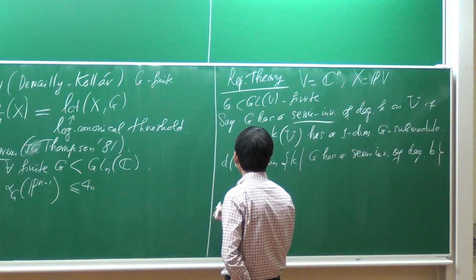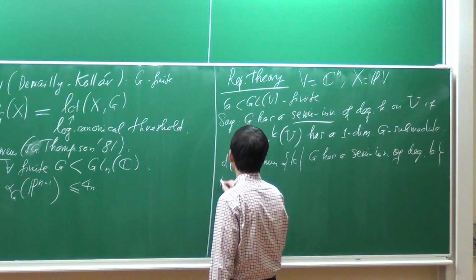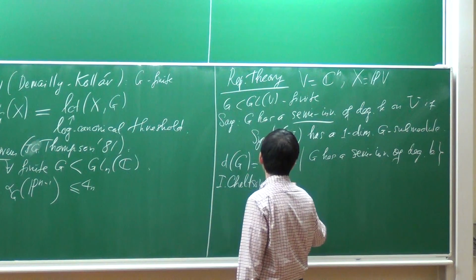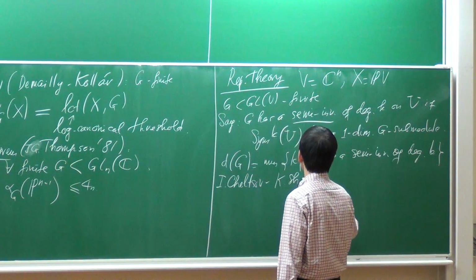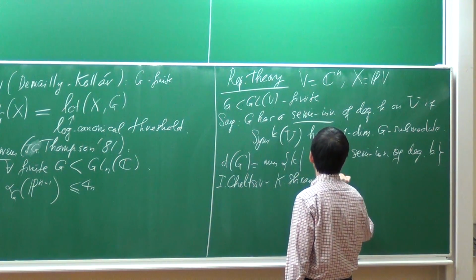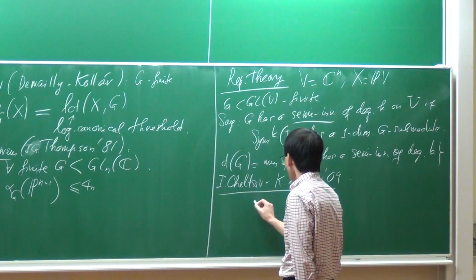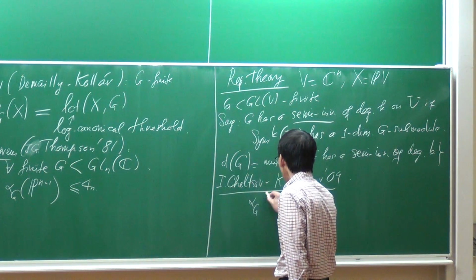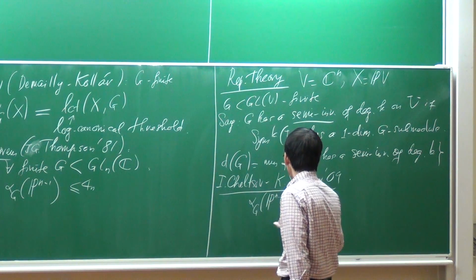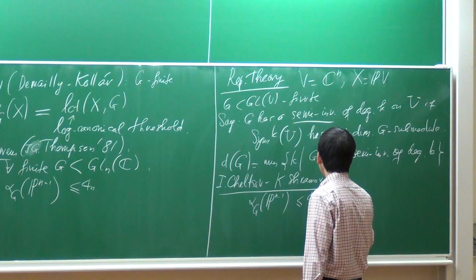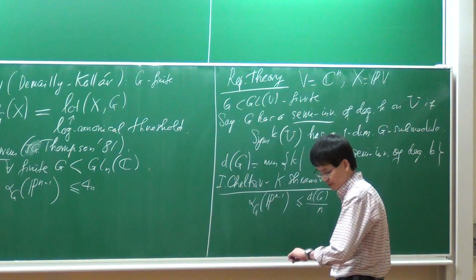And then the connection between the representation theory and this invariant was observed in a paper by Vanya Cheltsov and Constantin Shramov in 2009. So they observed that the alpha invariant of this space is going to be bounded by d(G) divided by n.